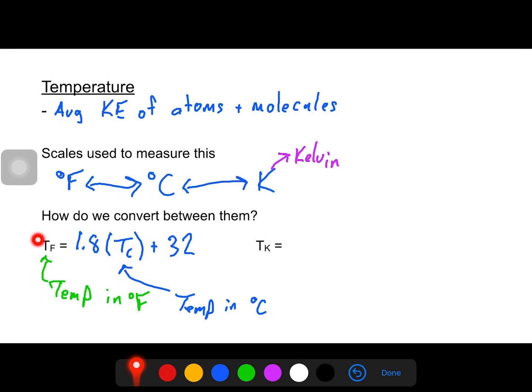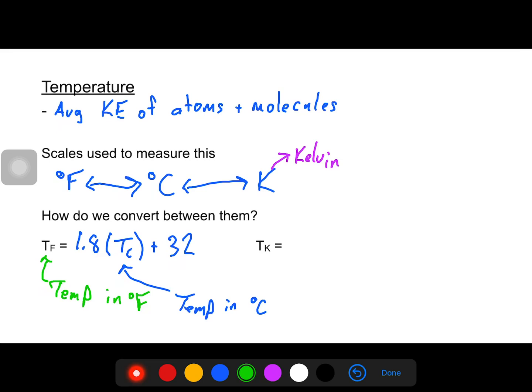Now, if we were to go the other way, given 10 degrees Fahrenheit, then we have to subtract 32 from both sides, and then do our division. So that's the formula we're going to use for Fahrenheit to Celsius or Celsius to Fahrenheit.